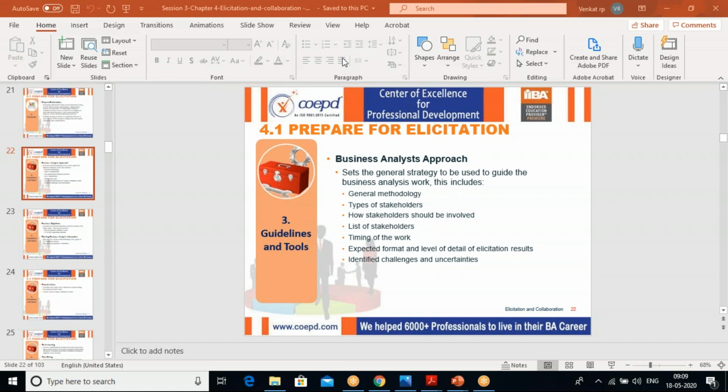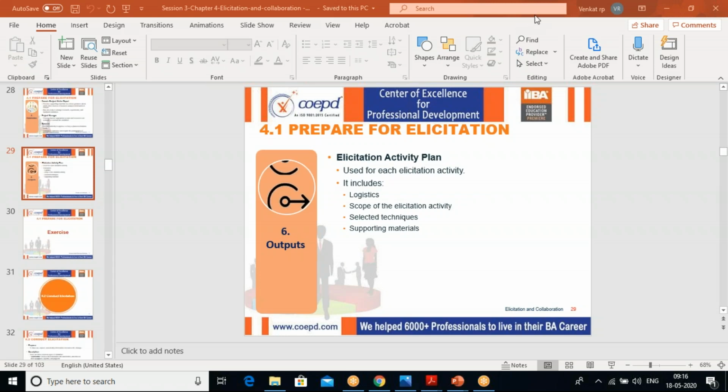Sorry, Mr. Venkat, are we on the right slide? Yeah, now it is the output section. Please write these outputs.